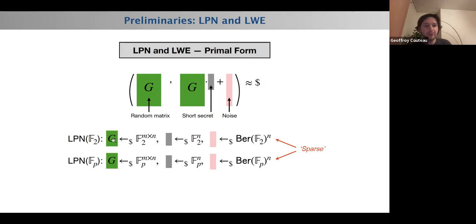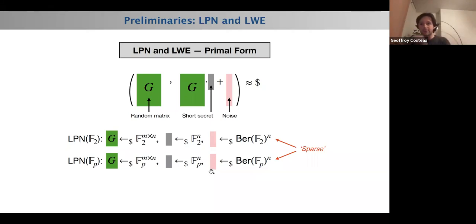Now, if you set, for example, the random matrix to be random over F2, and you set the short secret to be also over F2, and the noise to be sampled from a Bernoulli distribution, meaning that it will have mostly zero entries and a few non-zero entries, then you get the LPN assumption. You can actually define natural variants of LPN over Fp, where everything is over Fp, and now the noise is from a Bernoulli distribution over Fp.